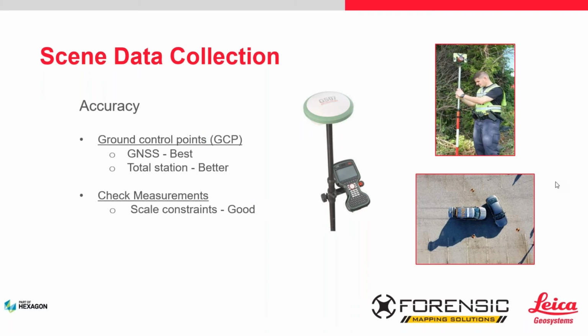So how do we do this? It sounds like a lot of you had indicated in the poll that you were using a total station. So let's go through this. The most accurate and best way to do it is to use the GPS, the RTK GPS. And the reason for that is it is going to give us position in X, Y, and Z to a couple hundredths of a foot, and it'll be in what's called state plane coordinate.